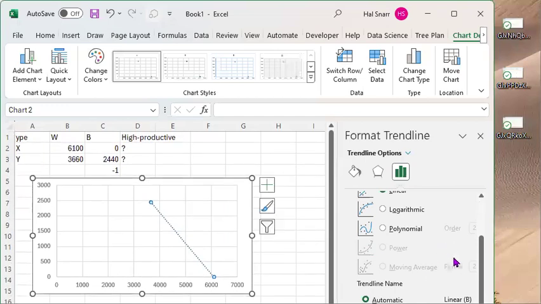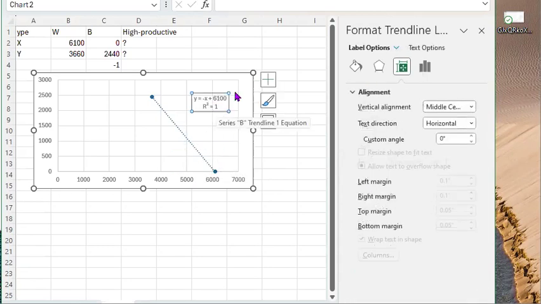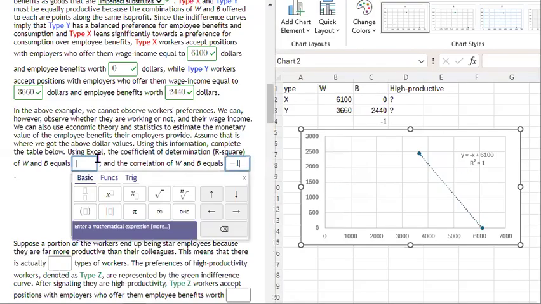Let me move this down. I can display the equation and the R square value. And you can see the R square value is 1, just as we suspected. So the R square is 1.